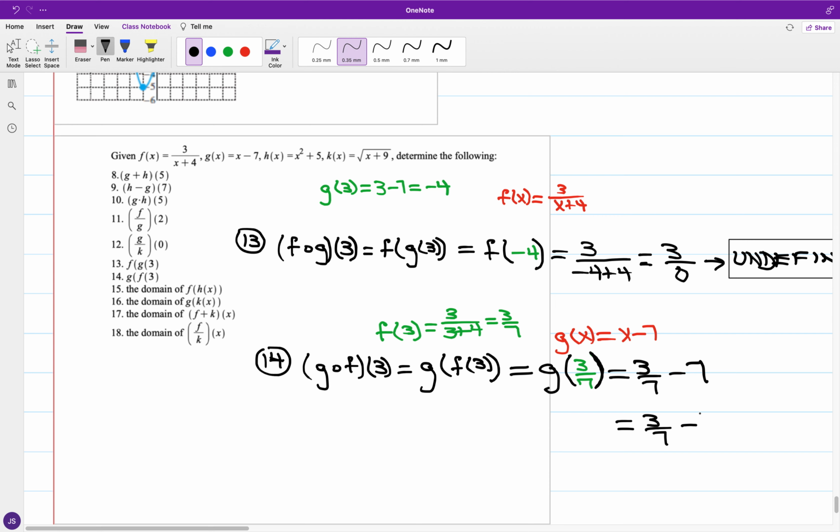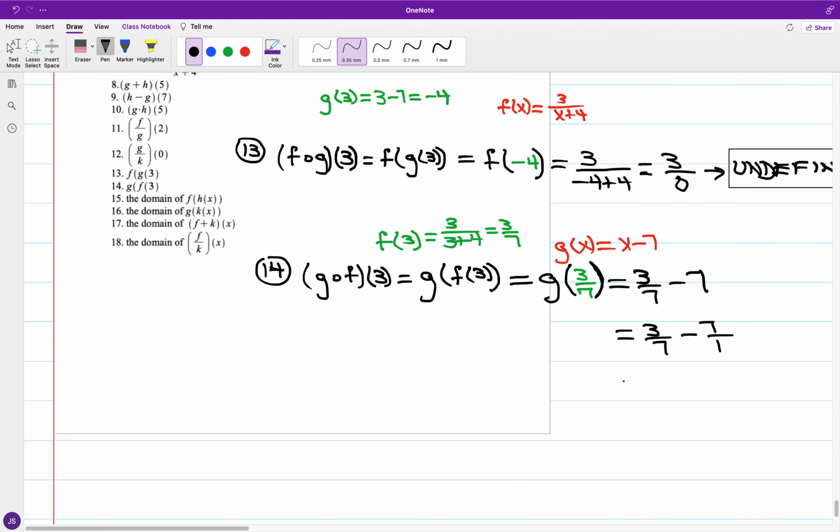You can regard this as 3/7 minus 7 over 1. As a fraction with 7 as the denominator, 7 over 1 is going to be 49/7. So we have 3/7 minus 49/7, and for the end result we have negative 46/7.